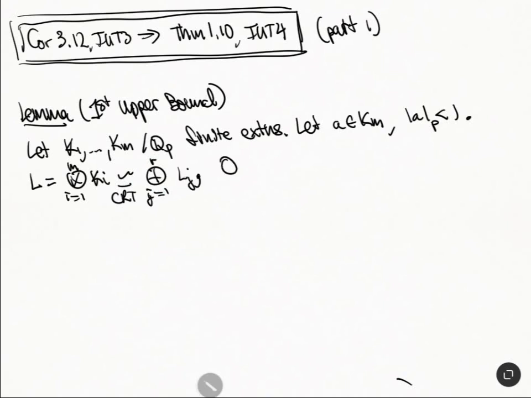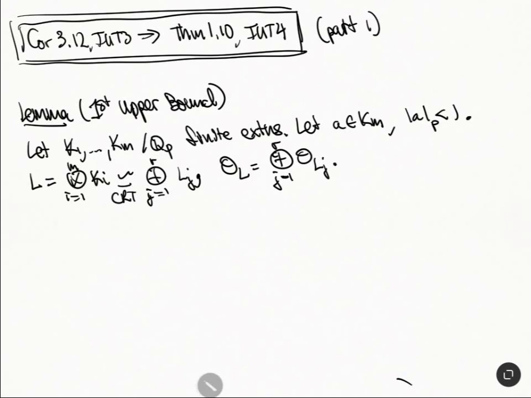And then O of L is the direct sum of these fields. This is a product or direct sum of fields, and this thing is also a product or direct sum of things. They're the same because there are finitely many.